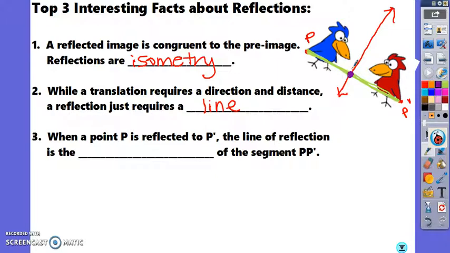And on top of that, this should be a nice 90-degree angle if you're folding it correctly, right? And so we wind up with this line going right through the midpoint at a 90-degree angle. We call that perpendicular, and at the midpoint, bisector. The perpendicular bisector.